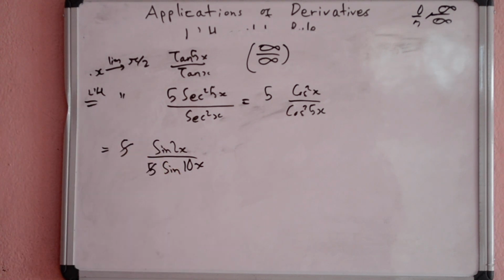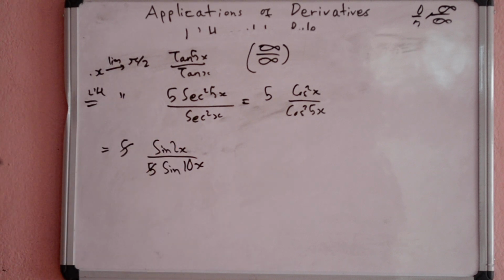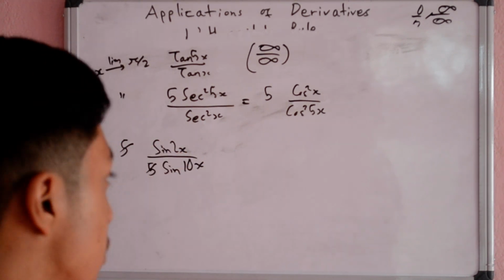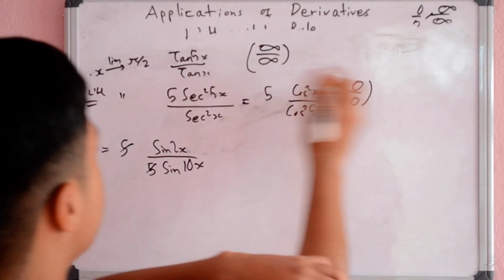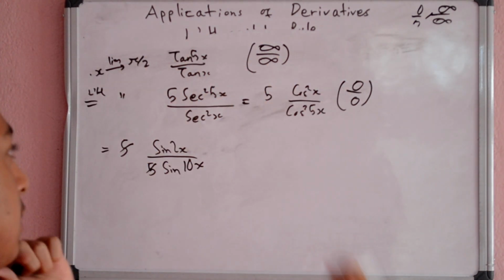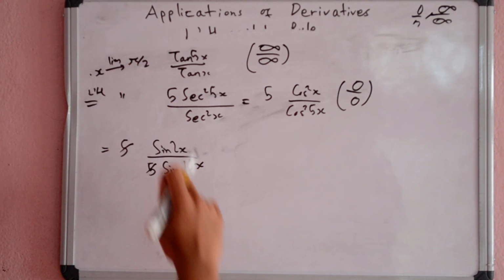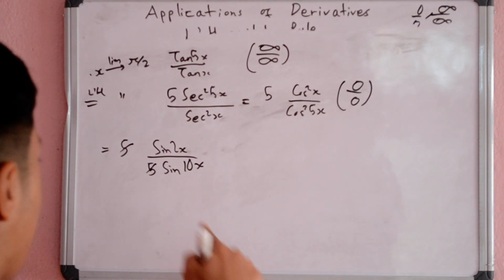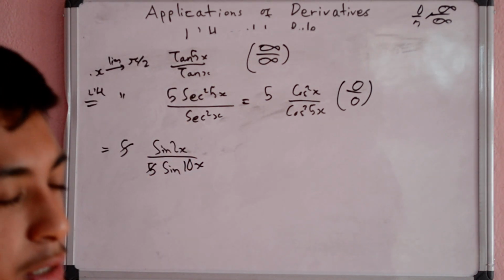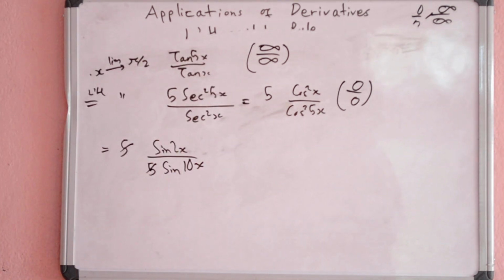This and that cancels. If you put pi by 2 now here, it becomes sin pi, which is 0. I forgot to mention, this part becomes 0 by 0 because we flipped the ratio. On the bottom, 10 into pi by 2 is 5 pi, so it's 0 by 0 form again.